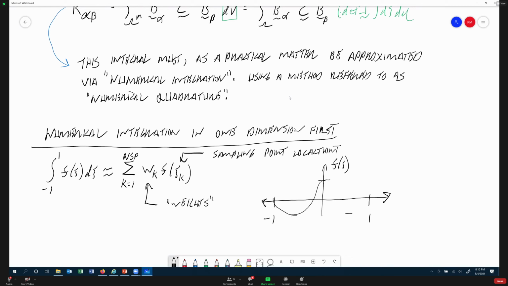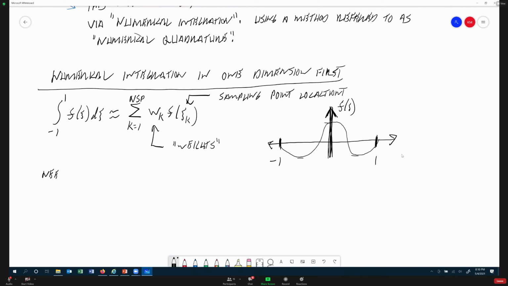So we need an integration rule. We're going to say this NSP, number of sampling points, comma, ξ_k, comma, weight k, where k is equal to 1 to NSP.